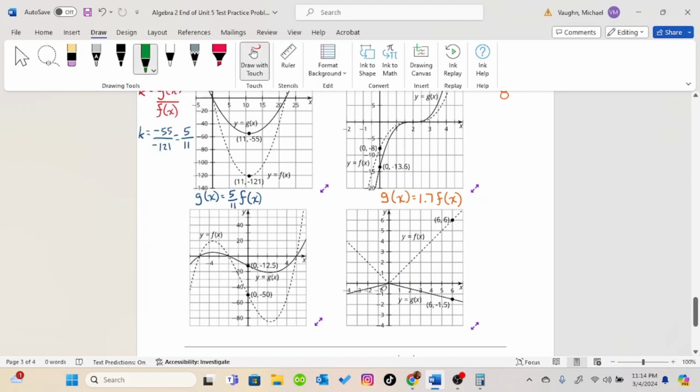Now if we look at the bottom left, we know that k equals the y value of g. G is the solid line, so the y value is negative 12.5. And that's divided by the y value of f, which is negative 50.